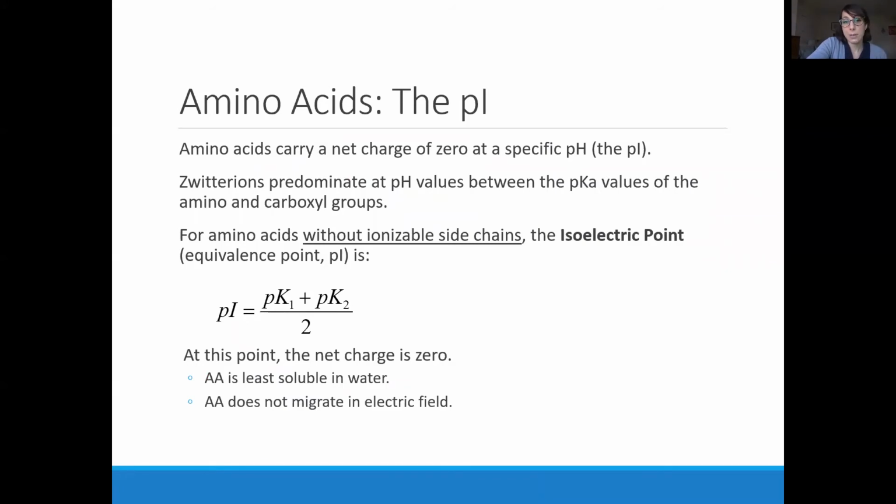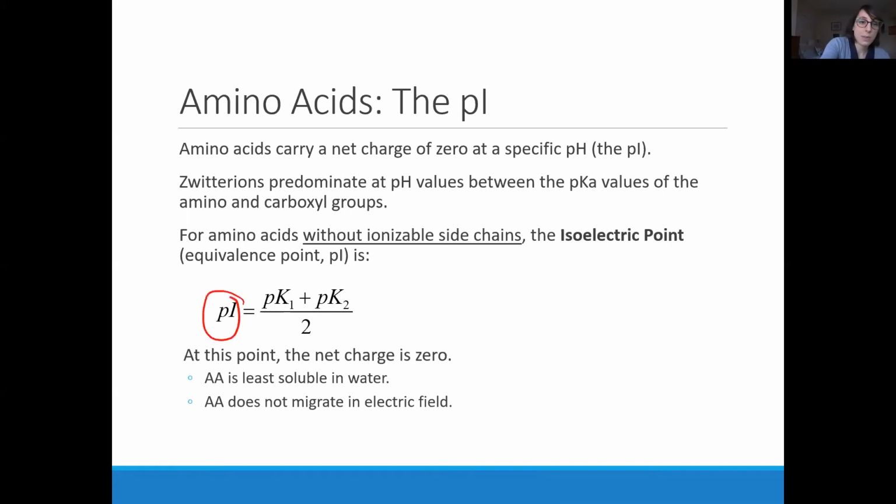If you want to calculate this isoelectric point, this point where the amino acid is neutral, then you take each of the pKa's and find the average of them. So it would be pKa1 plus pKa2 divided by 2. So find the average.